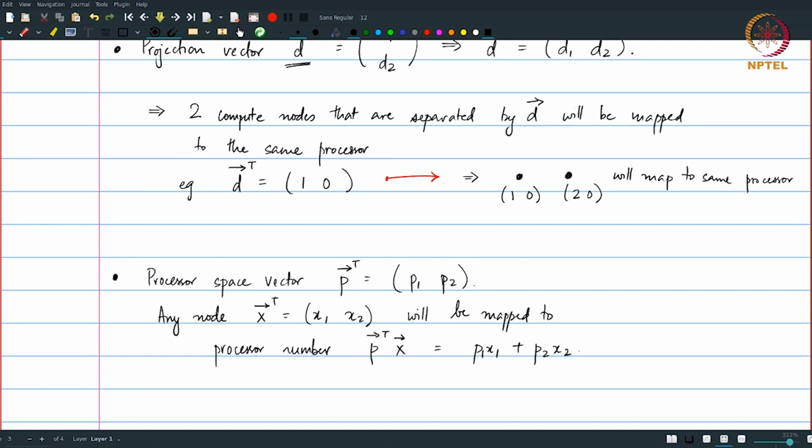So by computing the value P1 x1 plus P2 x2, we will exactly know what is the processor number on which a given functional node in the dependence graph needs to be mapped.